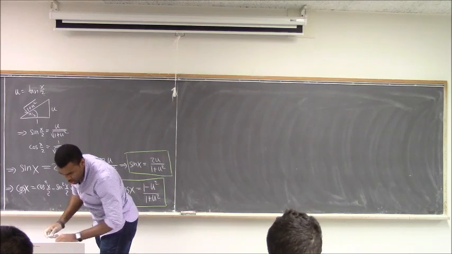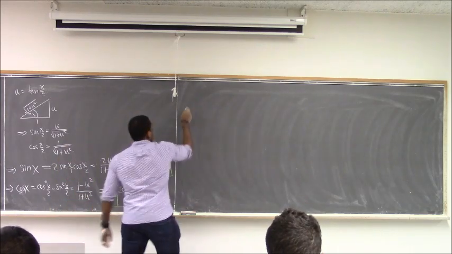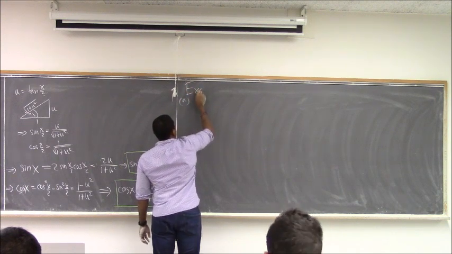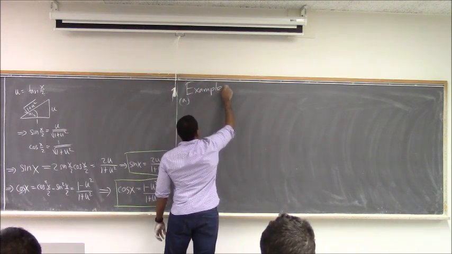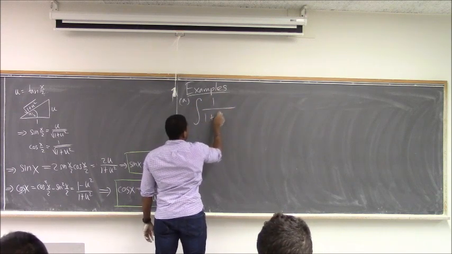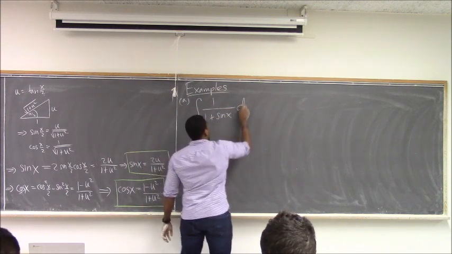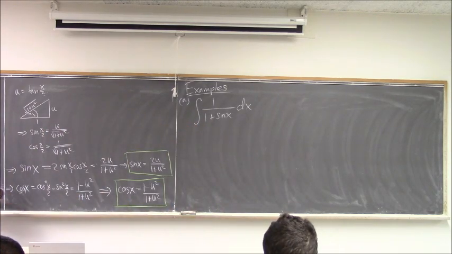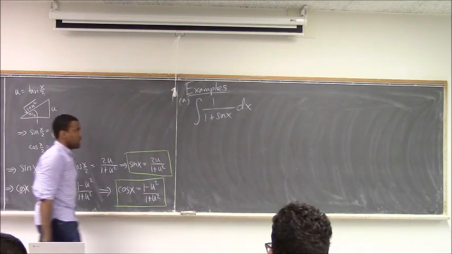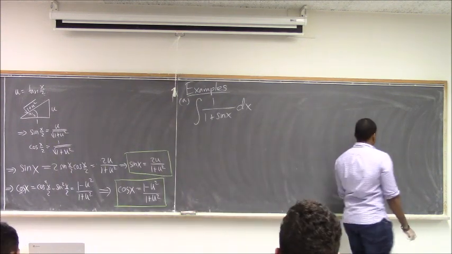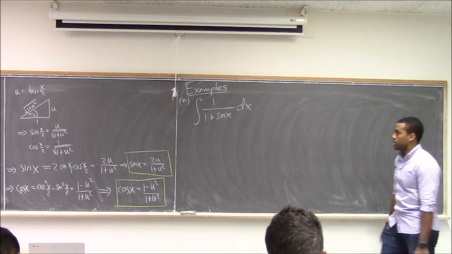Suppose you wanted to do the integral of 1 over 1 plus sine of x. Now, there's another way to do this, which we'll talk about afterwards probably, but let's actually use a Weierstrass substitution to attack this integral. Notice it is a rational trig function.